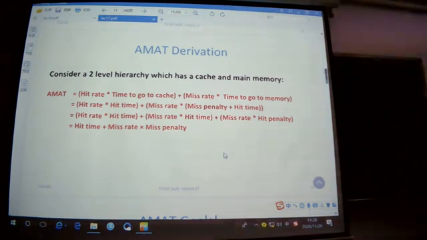Okay, AMAT derivation. We can consider a two-level hierarchy, which has a cache and the main memory.